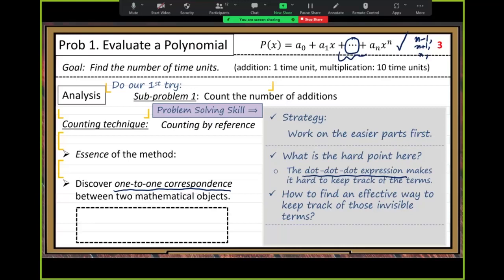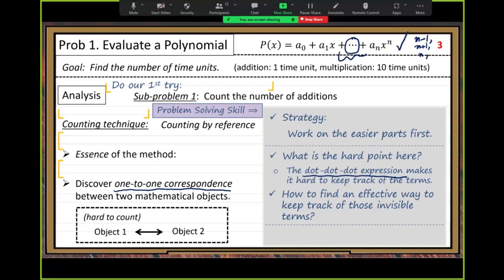Let me describe the idea in this diagram here. Suppose we have two different objects. Here we mean some mathematical objects. So what's mathematical? Plus sign can be treated as a mathematical object, right? Each term can be treated as a mathematical object, right? So object 1, object 2. We want to do one-to-one correspondence.